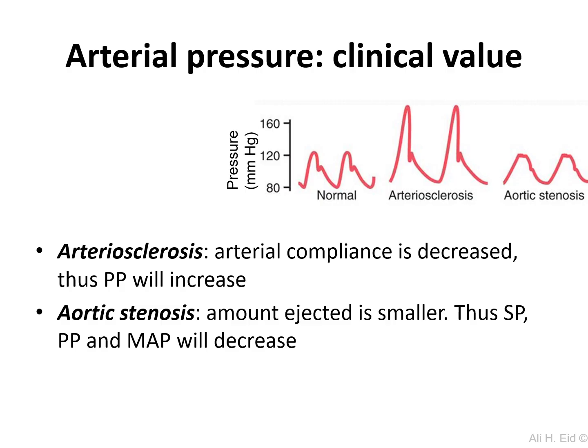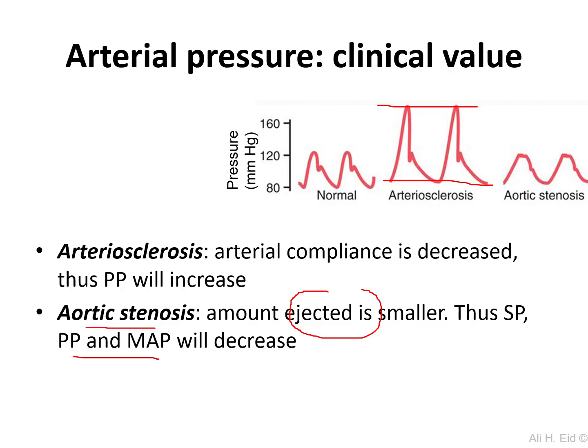And that's why in arteriosclerosis, there is a bigger difference between the high and the low. So systolic pressure, mean arterial pressure, and pulse pressure are going to increase. In aortic stenosis, the amount ejected is smaller, so the systolic pressure, pulse pressure and MAP, mean arterial pressure, are going to decrease. Focus on arteriosclerosis and try to remember the equation.